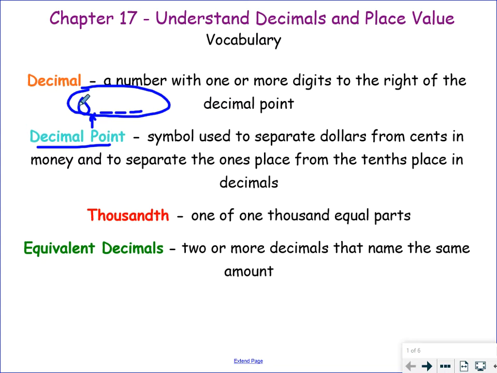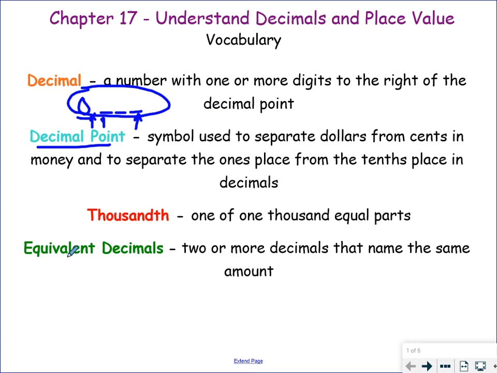Here's the ones place. Here's the tenths place. Notice how I added the th on the end. Tenths, hundredths, thousandths. A thousandth is 1 of 1,000 equal parts. So this is where the thousandth place value is.